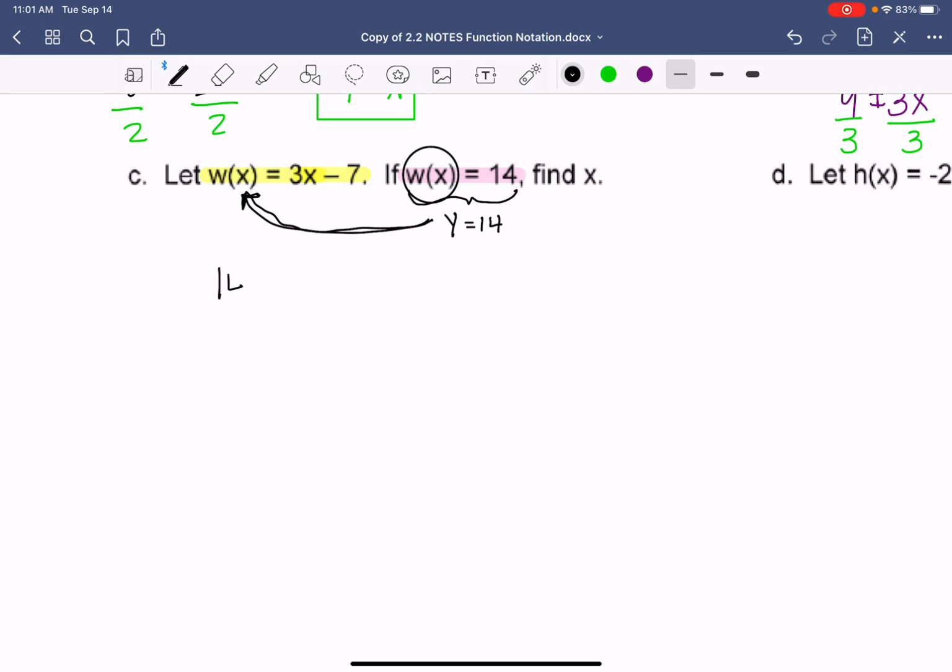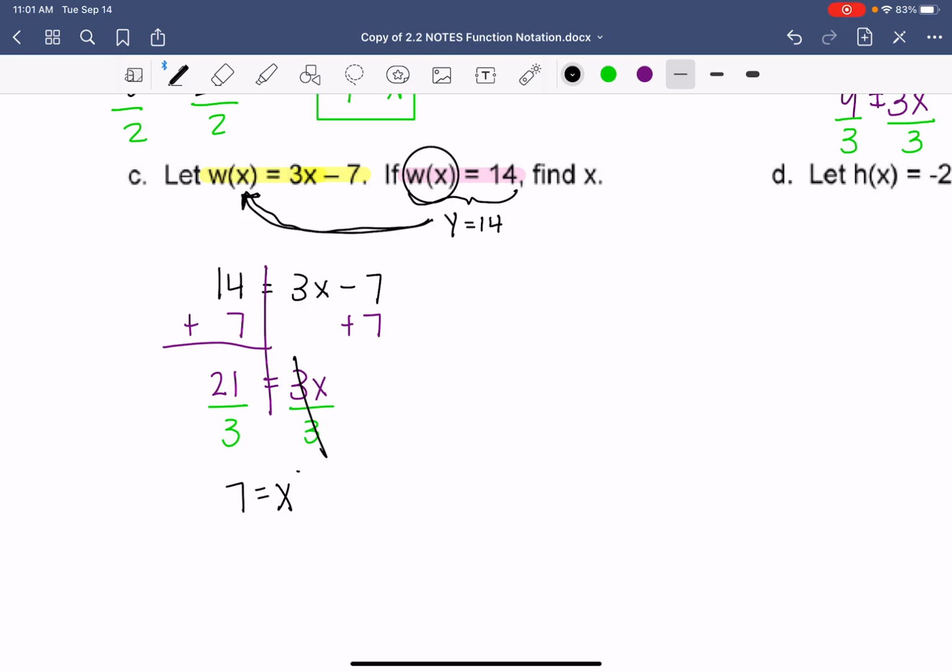So then it's 14 equals 3x minus 7. Undo the addition or subtraction first. So 21 equals 3x. Then divide by the coefficient. So 7 equals x. So our ordered pair is 7, 14.